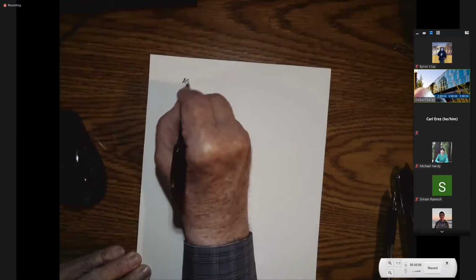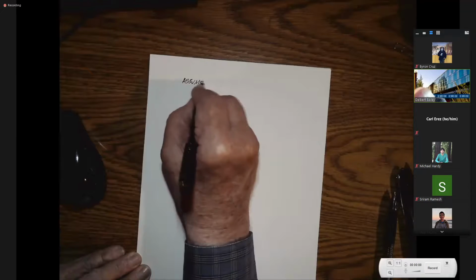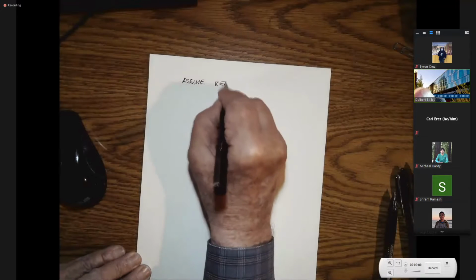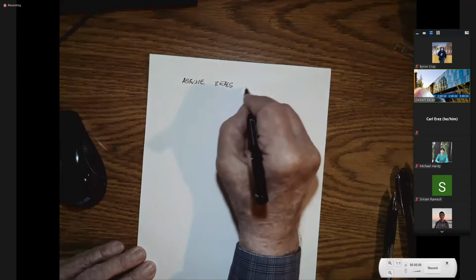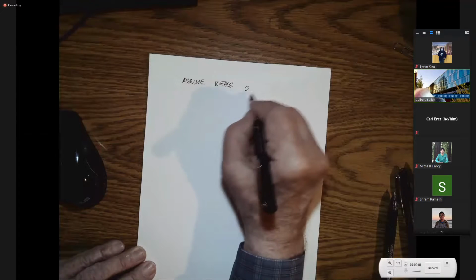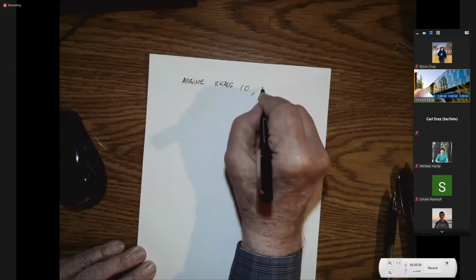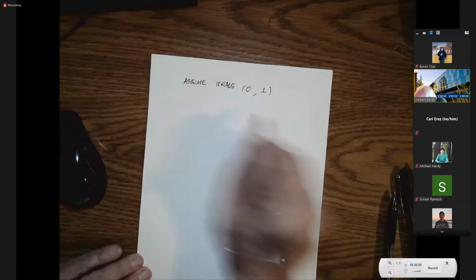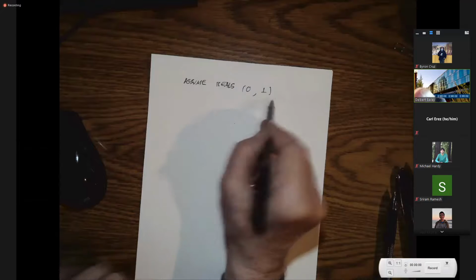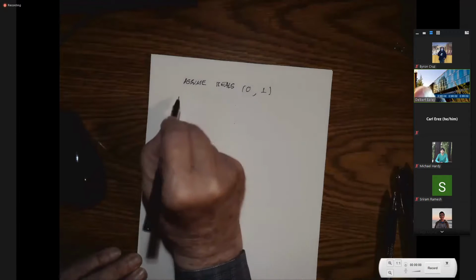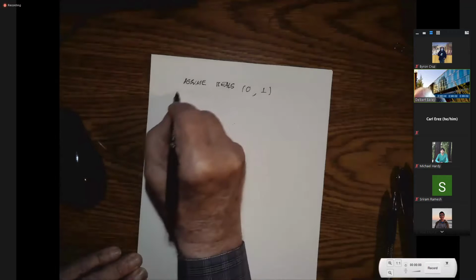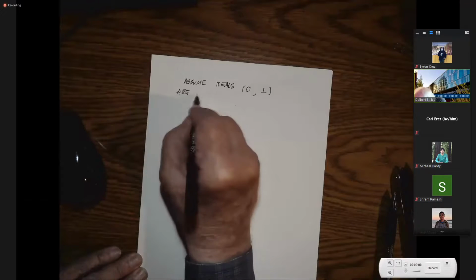So let's assume that the reals between 0 and 1 (I might get a little sloppy about whether this is open or closed or semi-closed) are countable.